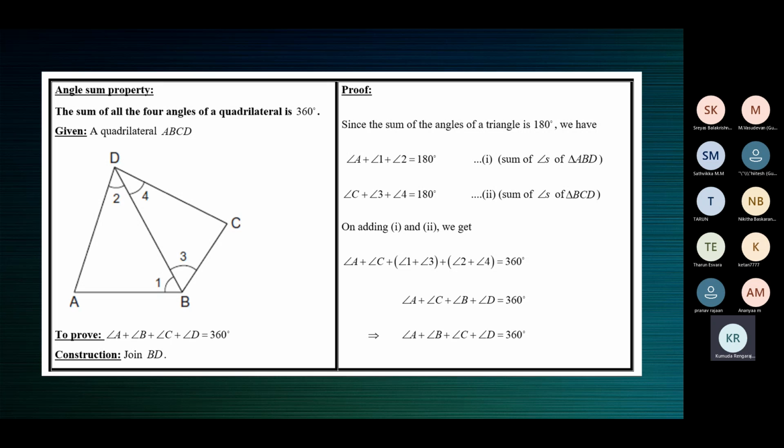Name the 2 quadrilaterals in which the diagonals are equal. Square and rectangle. Very good. In a square and in a rectangle, the diagonals are equal.